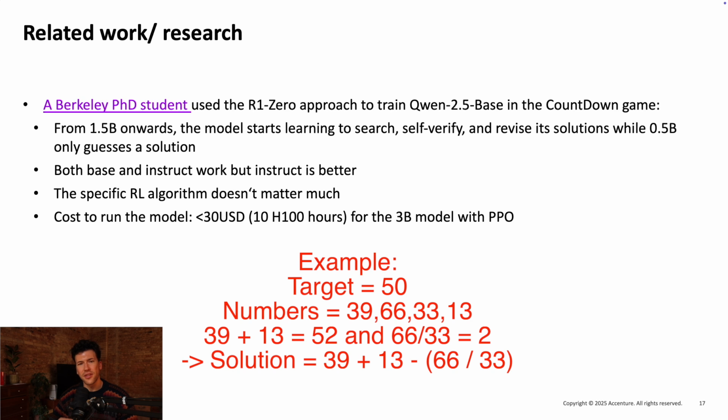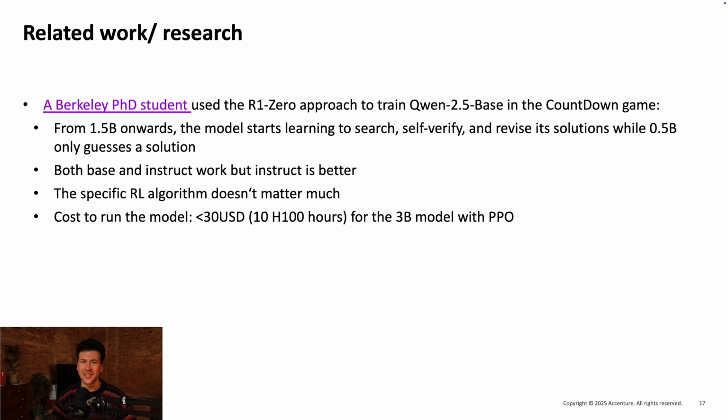And out of these numbers, you should make a target number, 400, for example. I don't know if that's possible, I just made these numbers up. But you need to make an equation using plus, minus, multiply, and divide. And to really get good in this game, the LLM really needs to think. So it really needs reasoning abilities.